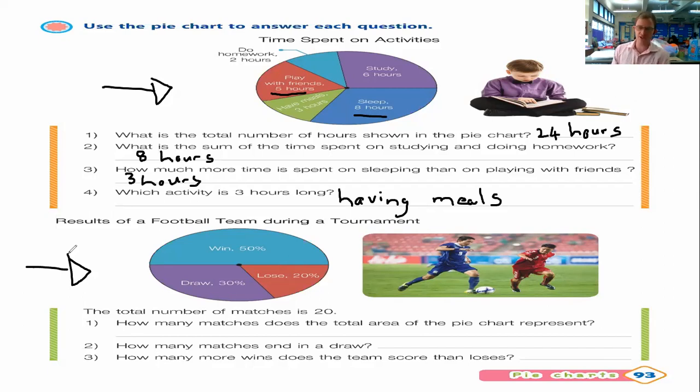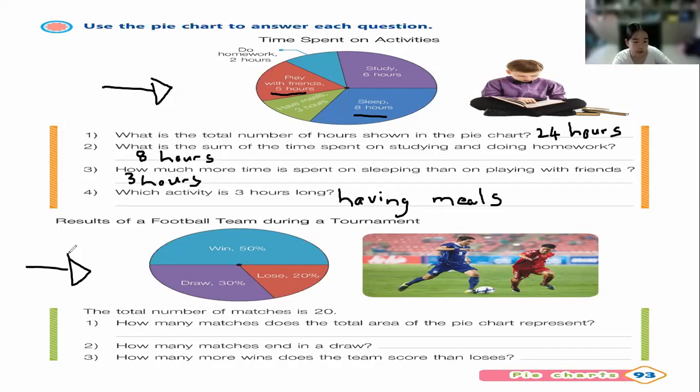Excellent. So here we can see there's only 3 options. Either win, lose, or draw. Because that's the only outcomes we can have when playing football. So the first one, the total number of matches is 20. How many matches does the total area of the pie chart represent?